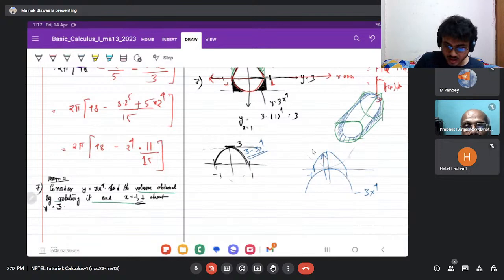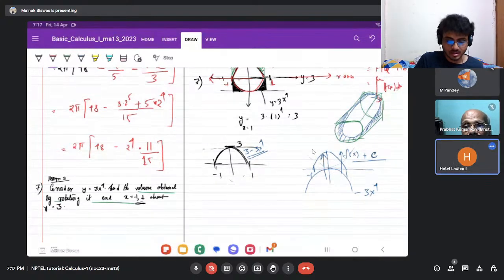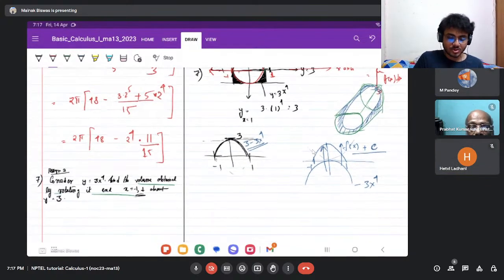Just shifting f of x plus c, a constant that you are adding to shift the curve upwards. I hope it is clear. So do you have a doubt, any one of you? No, sir. Clear. Correct. So that's good. So let us see what would be the area, or the volume, in that case.